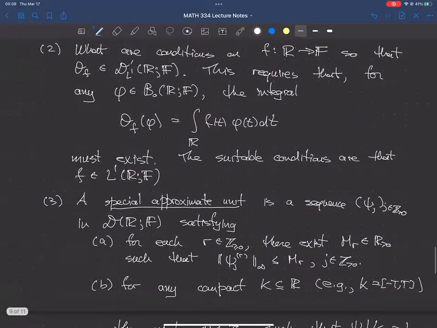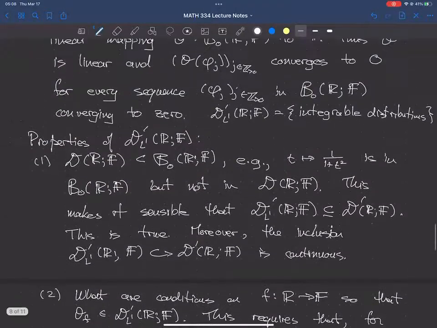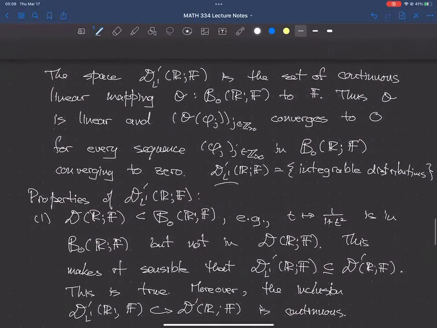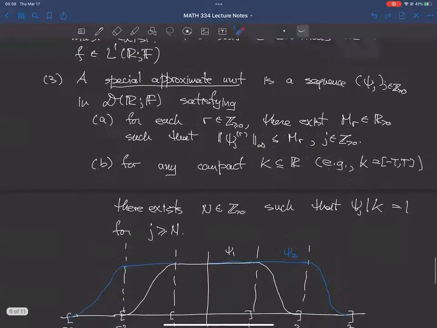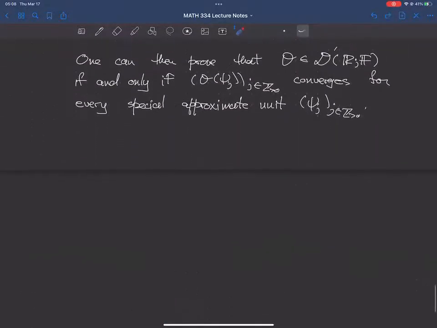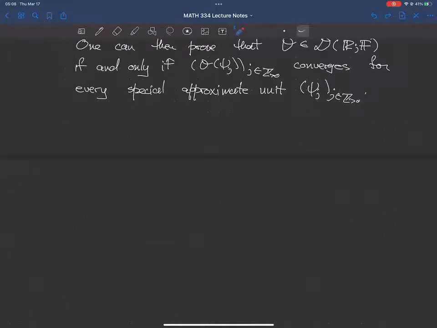All right, so that defines for us a new class of distributions, the so-called integrable distributions. Okay. All right, so there's another class of distributions that have particularly nice properties with respect to convolution of distributions, and those are called distributions with compact support.